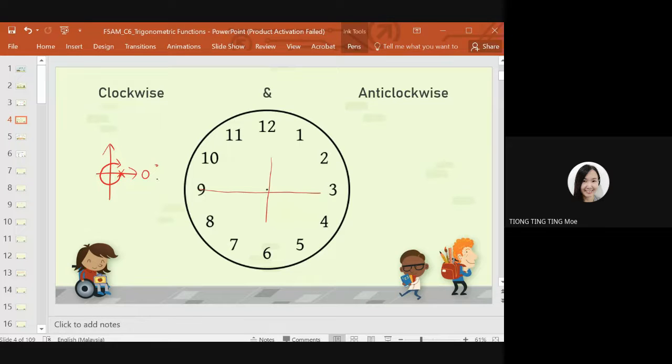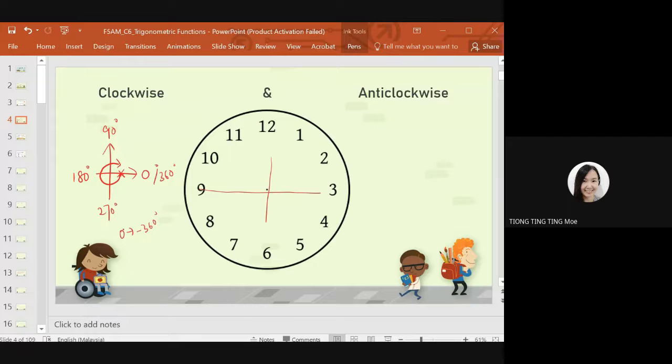See, if like this, then it's clockwise. So for clockwise, is this a positive or negative angle? Negative. Negative angle. You see the numbers, this one 360. But if negative, it is actually 0 to negative 360.